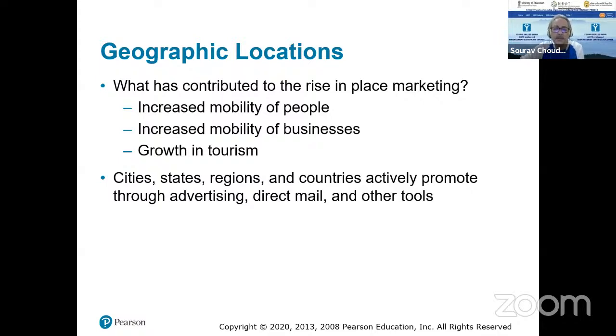You have Maldives. You have Thailand. Every location is trying to make itself a brand and relate itself to the consumer, increase mobility for people, increase mobility for business, growth in tourism, cities, states, regions, countries. Every state in India is now promoting itself as a tourism brand. Right? Even Madhya Pradesh, Gujarat, Kerala, West Bengal, everybody is trying to promote itself as a brand.